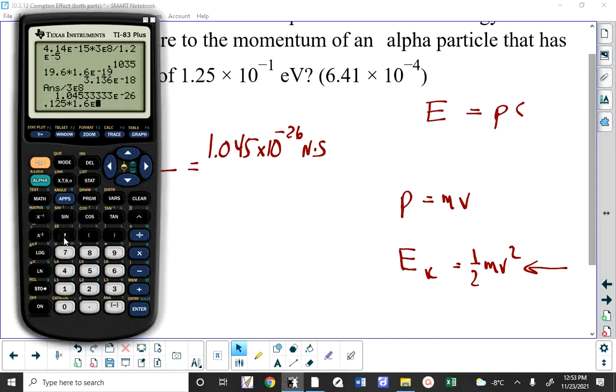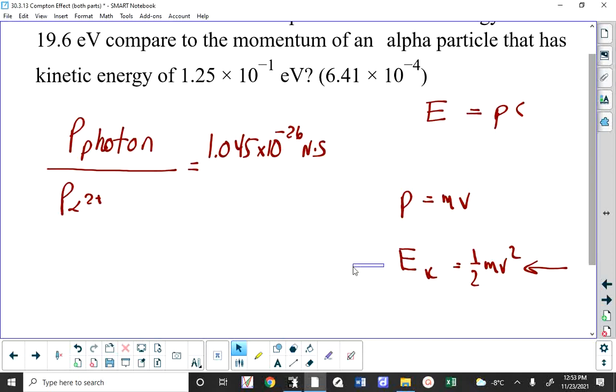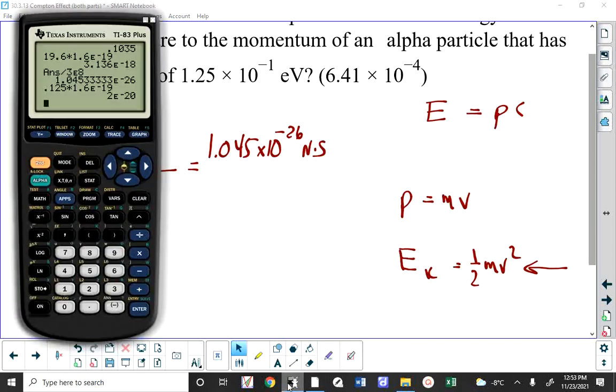And if I multiply by the number of joules in a single electron volt, this is the energy in joules, which I can use with this bottom formula with that energy and the mass to find the speed. Alpha particle, it's been a long time, times 2 divided by the mass of an alpha particle, 6.65 times 10 to the negative 27. I need to take the square root now.